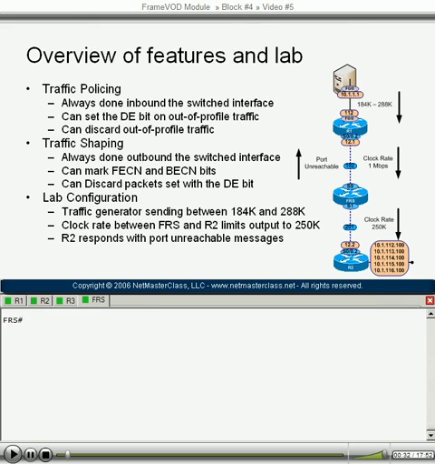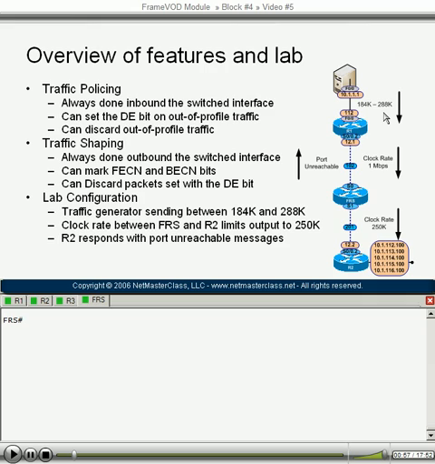The lab we will use to demonstrate these features has a traffic generator at IP address 10.1.1.1. It is sending a stream of UDP packets through R1 and across the frame relay network to R2. This stream of packets averages about 250K, but ranges between about 184K and 288K on a random basis.